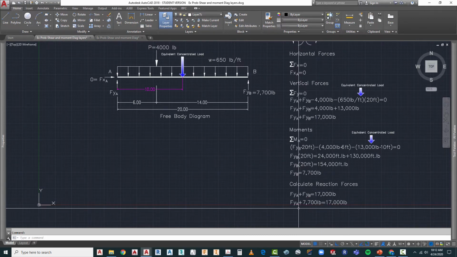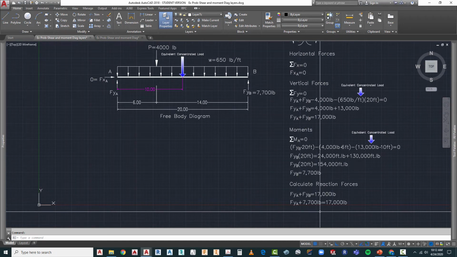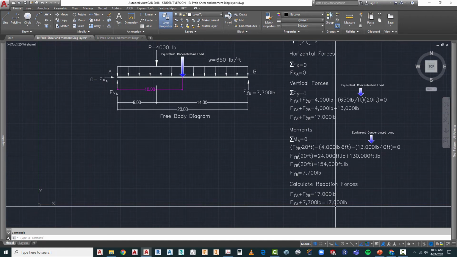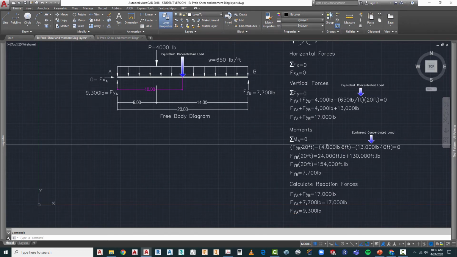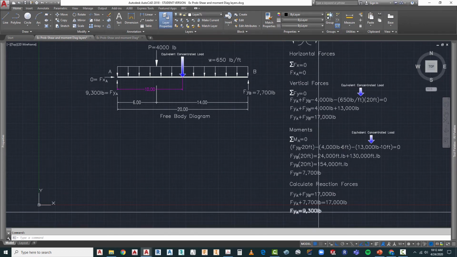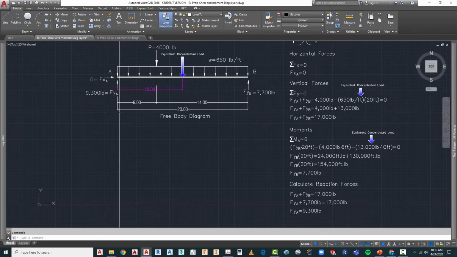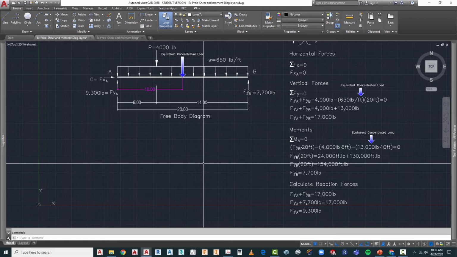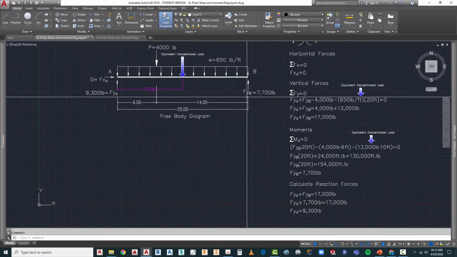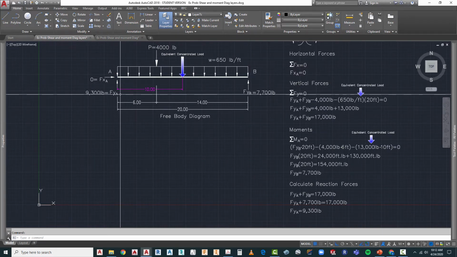So we have FYA plus 7,700 pounds is a total of 17,000 pounds. We go to our next value, and now we solve for FYA, and we know that is 9,300 pounds located right here. So we've solved our equations and we've solved our reactions on this beam.